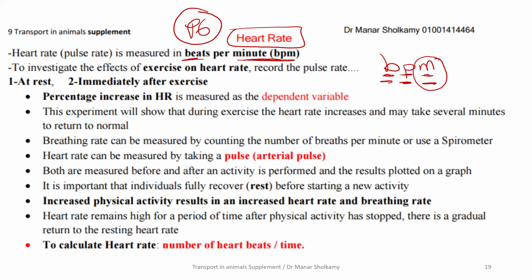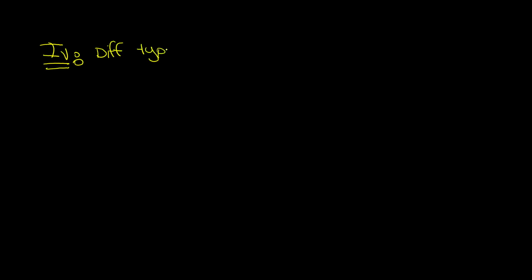Now, for example, they will want you to investigate the effect of a particular exercise or different forms of exercise on heart rate. So again, in the investigation, we want to investigate how different types of exercise affect the heart rate.